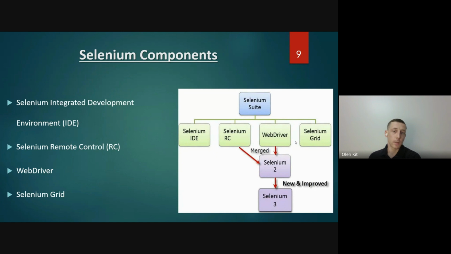And nowadays it's the best tool to automate something. And the last point is Selenium Grid. It's a tool that gives you the opportunity to run your automation across browsers.